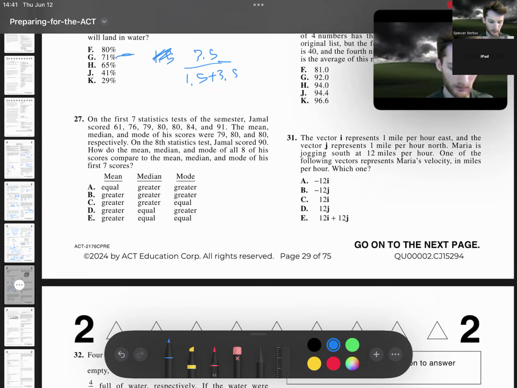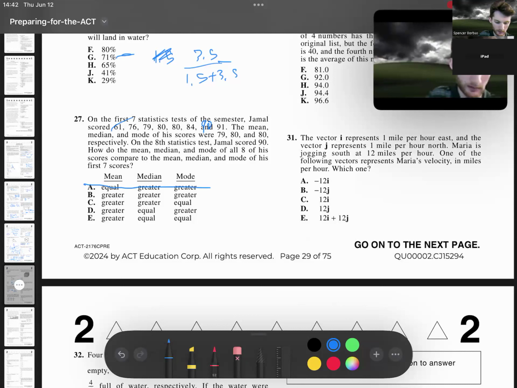The mean, median, and mode. All right, this is in order, which is good. The last one. So 90 would fit in here. The mean is going to be greater. Mean always shifts.